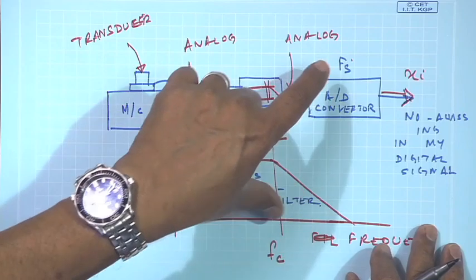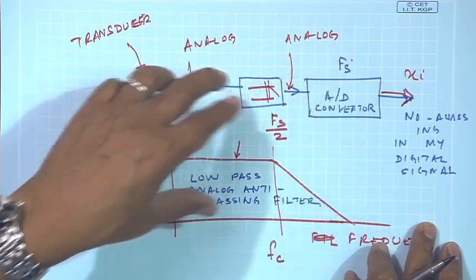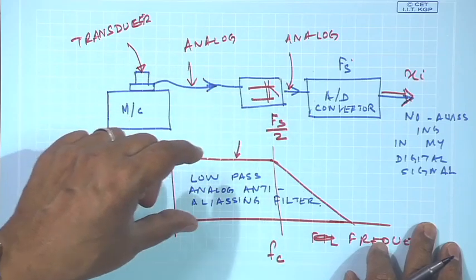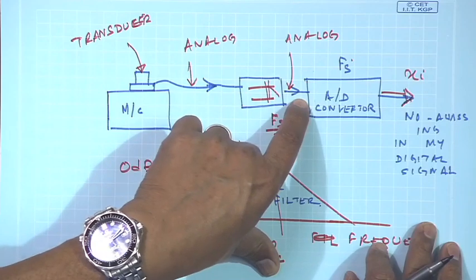So, if I go to the market and buy an A to D converter with the sampling frequency, I can always have the low pass anti-aliasing filter put as a front end before the A to D process.